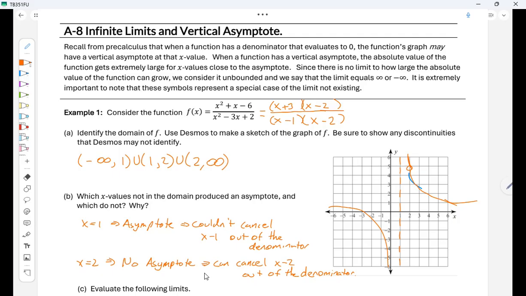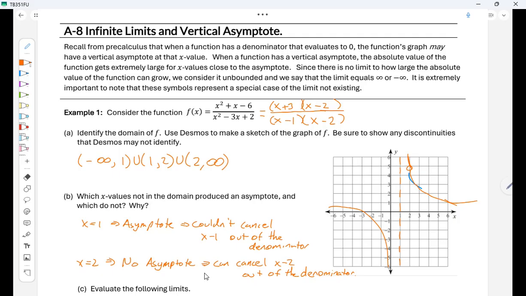One of the things that we do in calculus is we try to look at functions and decide what their graphs look like without actually seeing the graphs. So that's why we're answering these questions. I don't need this graph to know those two pieces of information because this is how it works. If you're able to cancel the problem out of your denominator, your limit will exist, and that's going to give you a graph with a hole there.